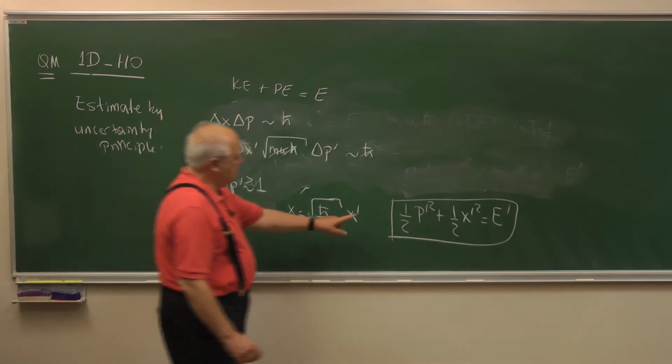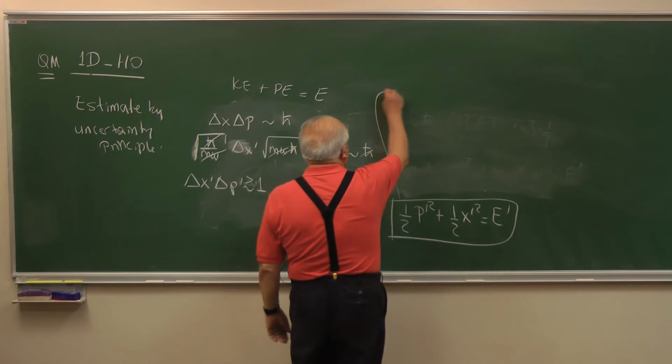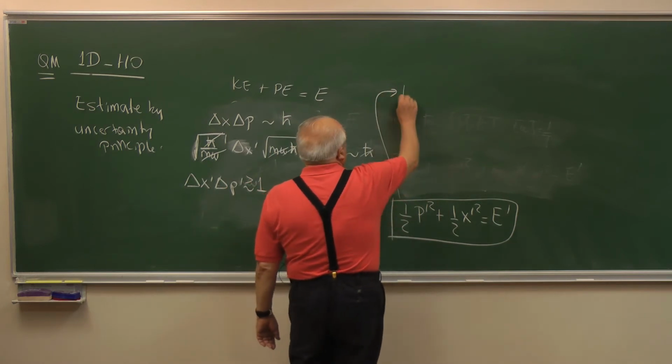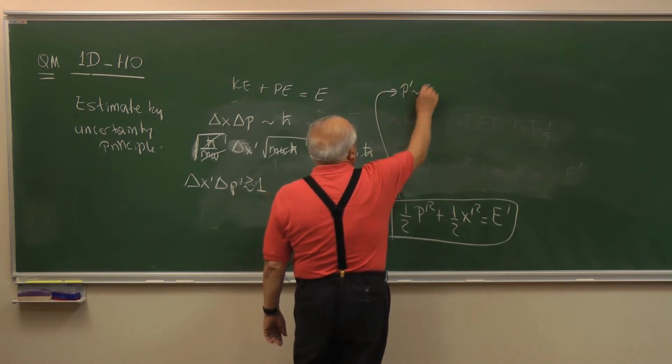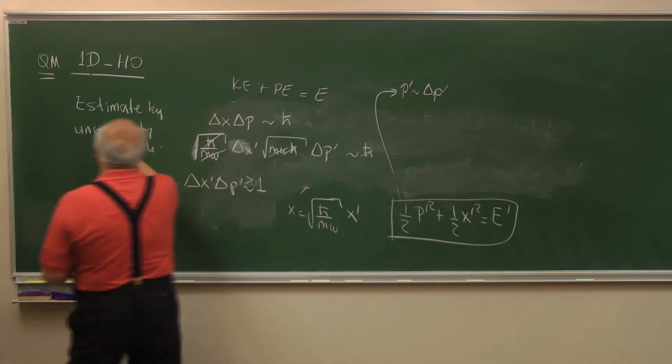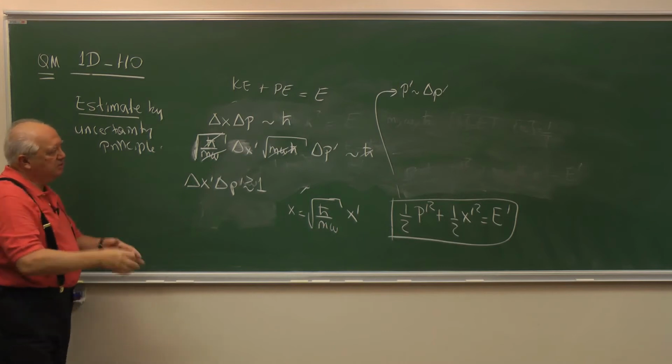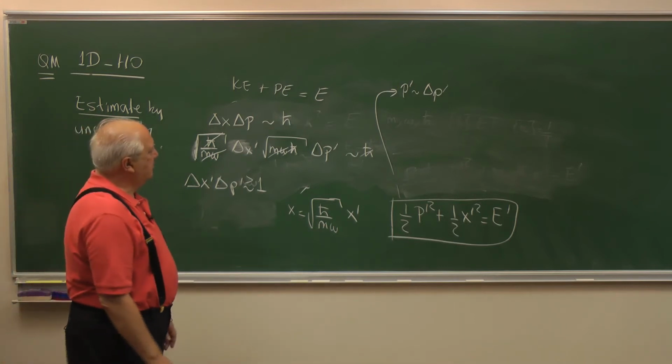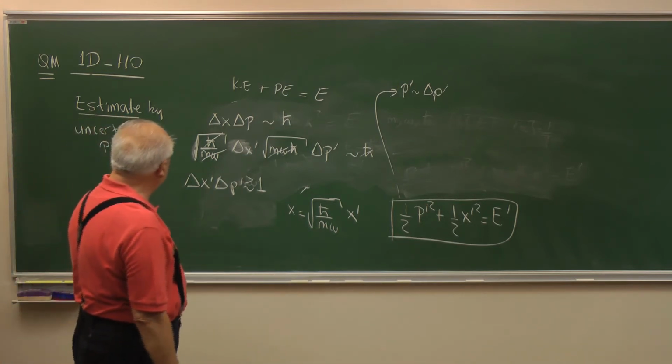Now, I will discuss this equation. If p prime is of order delta p prime, remember this is a rough estimate. Before we dive into mathematics, we try to estimate it.